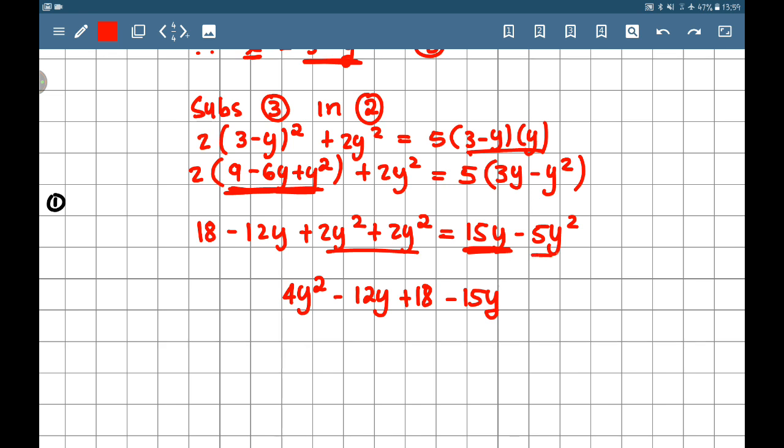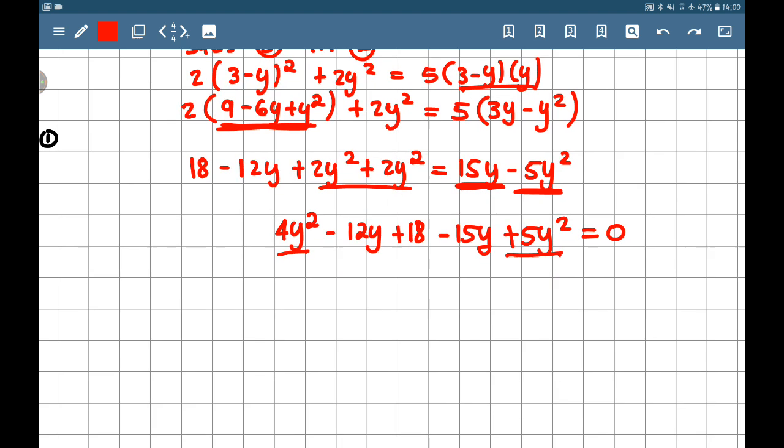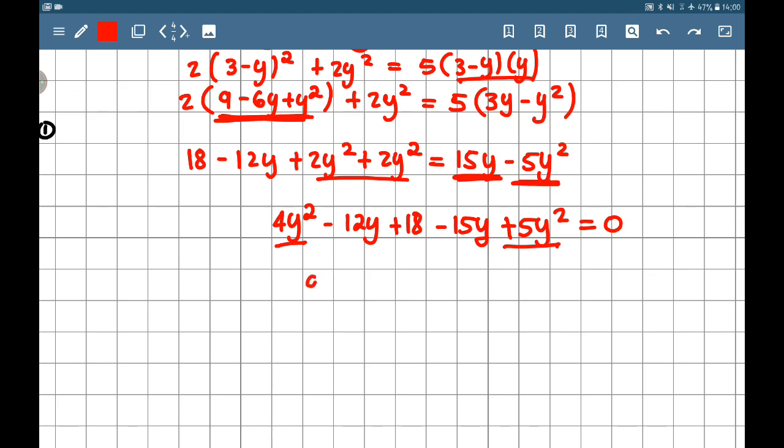And when we transpose the minus 5y squared, it's going to be plus 5y squared is equal to 0. So when we group the terms together, we're going to get 9y squared minus 27y plus 18 is equal to 0.